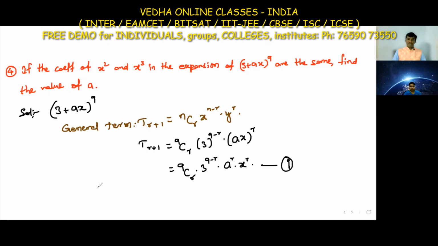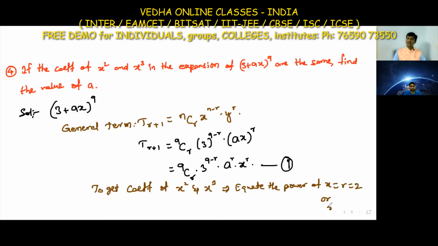To get the coefficient of x square and x cube, equate the power of x, that is equal to r. So the power of x is equal to 2 or 3. Either substitute 2 or substitute 3. Directly we can substitute or we can find the value of r.